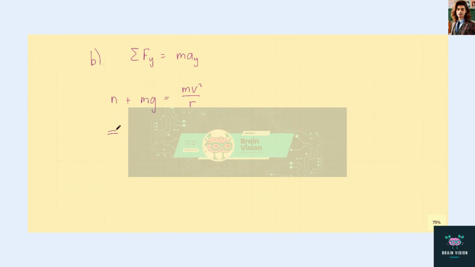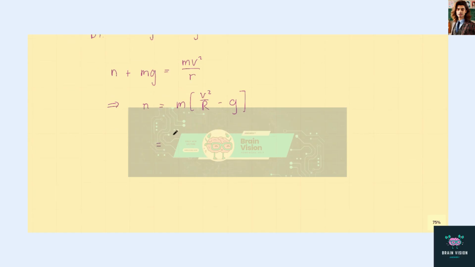So this means that the normal force N is equal to m times (v squared over r minus g), where capital R is the radius of the loop.